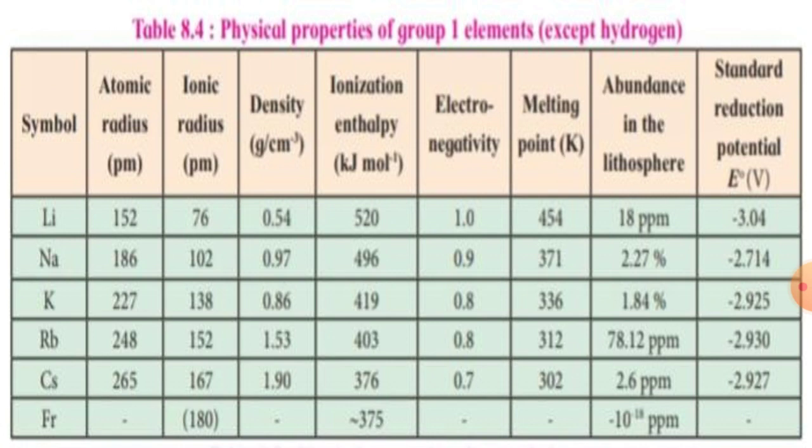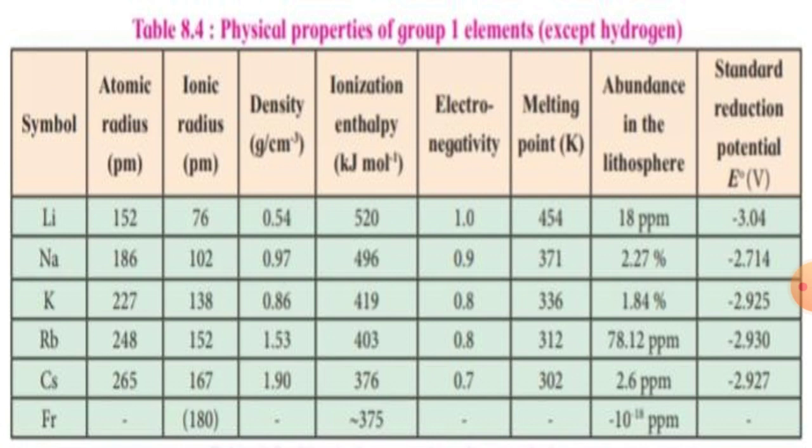Similarly, ionic radii is also increasing down the group. Density is also increasing down the group. Here ionization enthalpy is decreasing. You have studied what ionization enthalpy is: the amount of energy required to liberate the most loosely bound electron from an isolated gaseous atom.